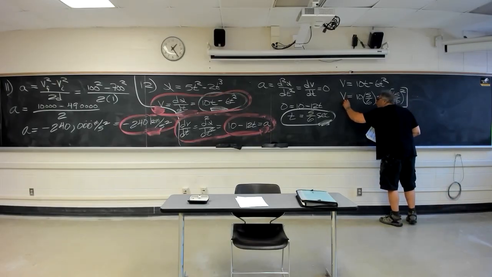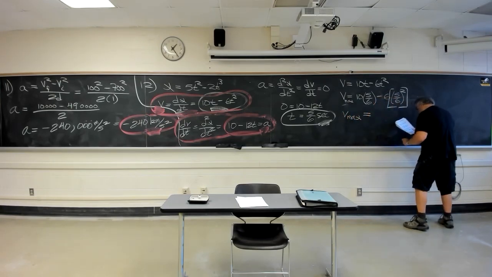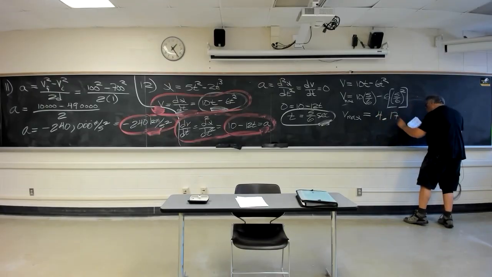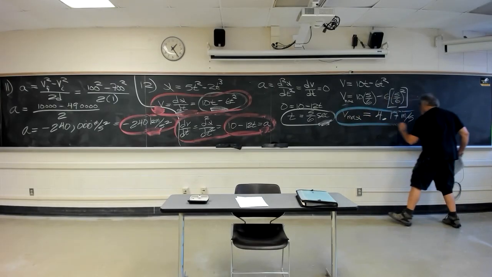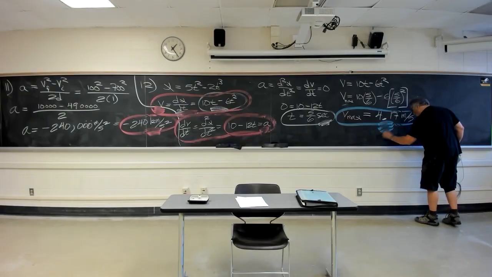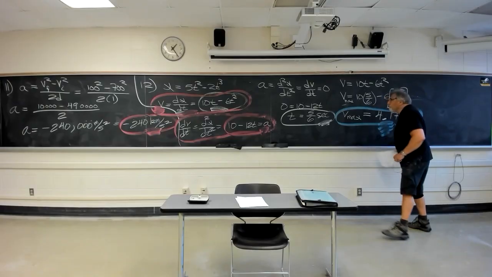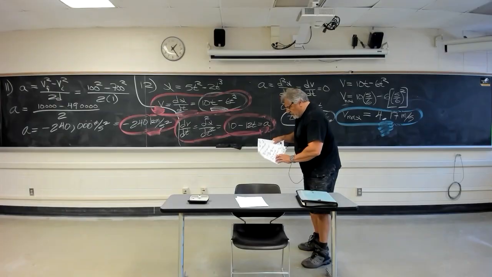That'll give you the max. v max is 4.17 meters per second. Definitely a calc-based problem right there. Okay. That should be okay when we do that. That's 12.